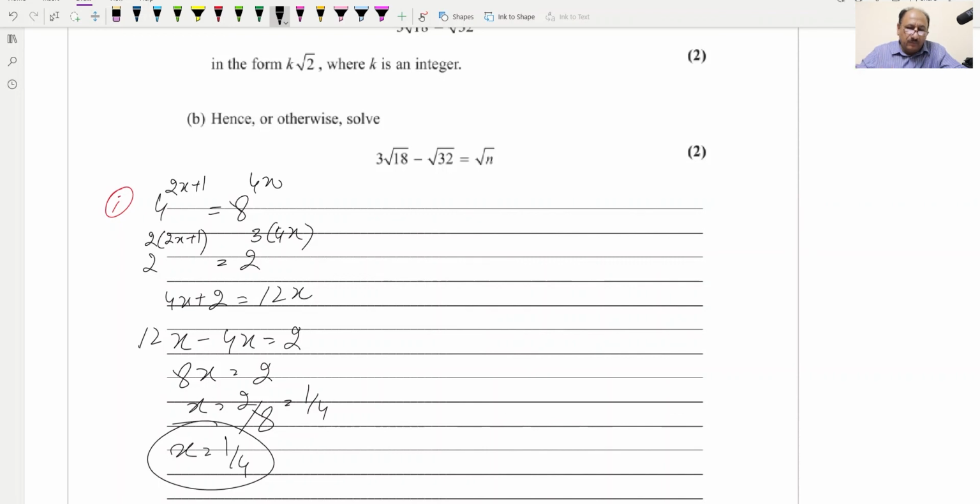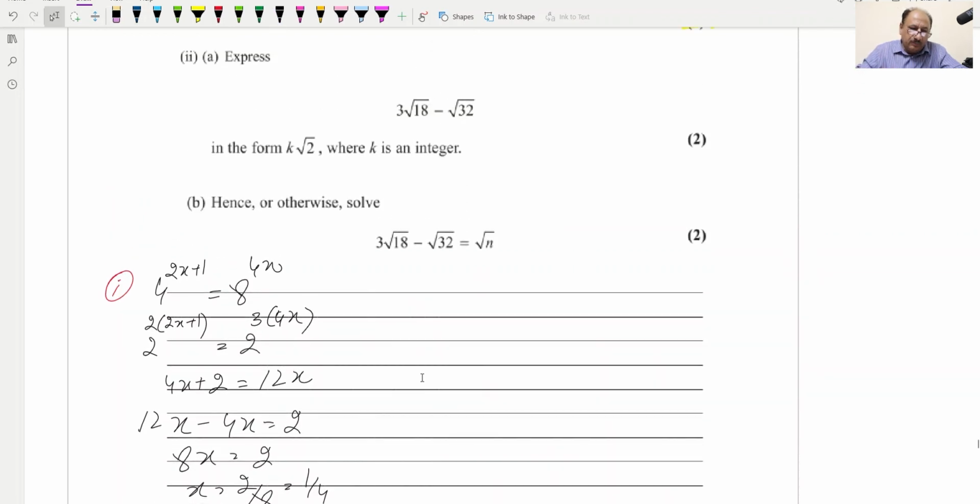Now we can solve the second part, which is: express this in the form of this one, where k is an integer.